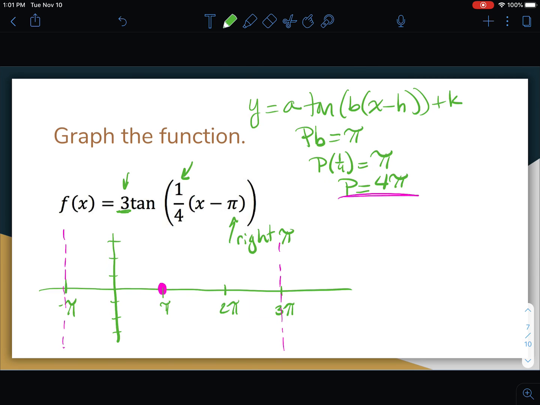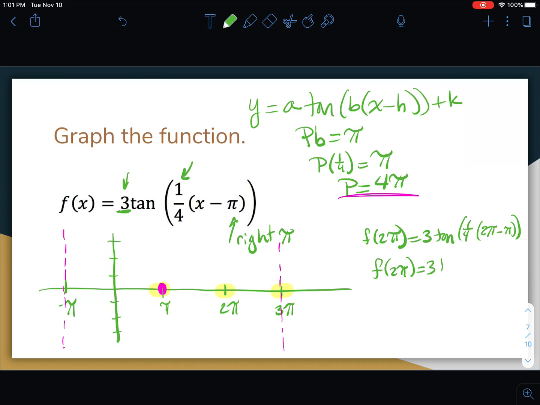Let's see what happens when I look at the middle between the anchor point and the asymptote. That's 2 pi. So let's see what happens when we substitute 2 pi. We have 3 times the tangent of 1/4 times (2 pi minus pi).